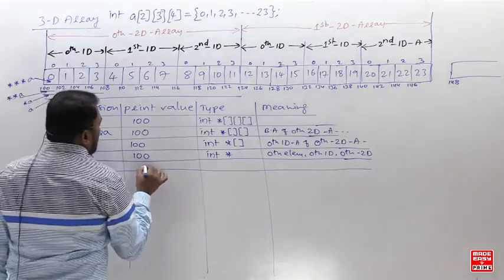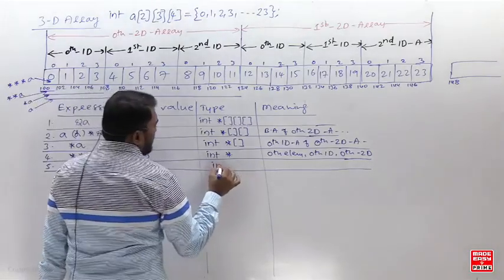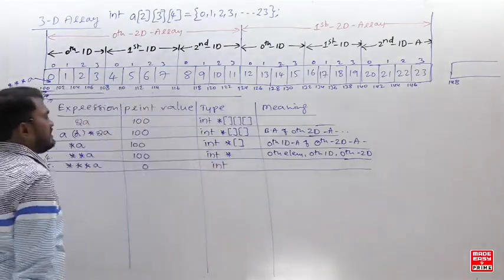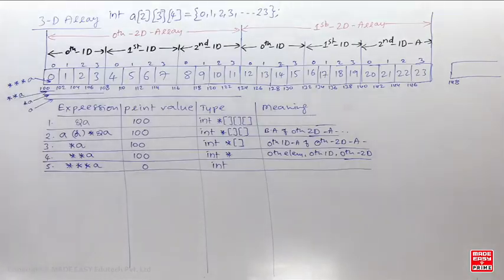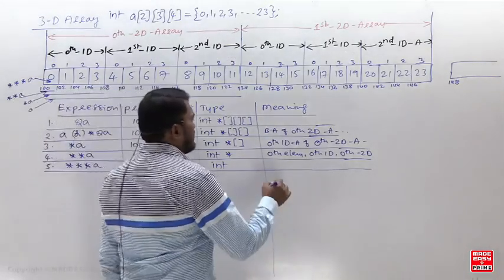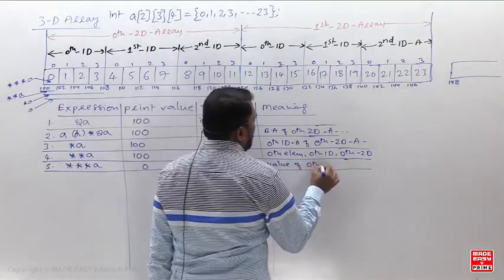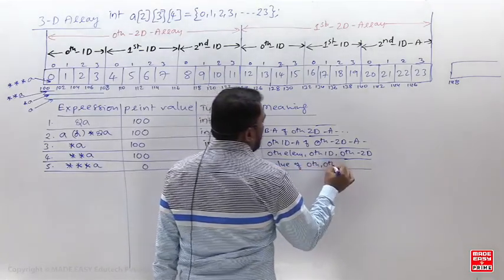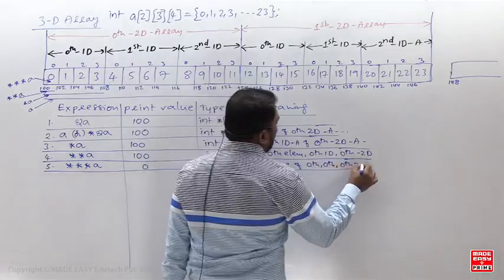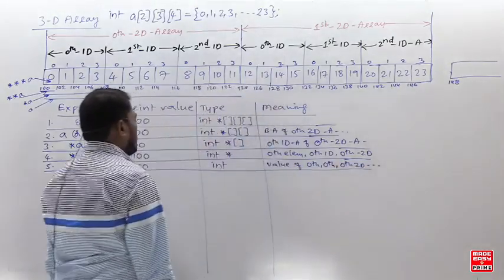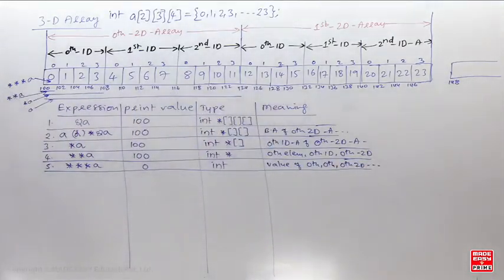So it will print 0, and the type is integer. The meaning is: value of the same 0th element of the 0th 1D array of the 0th 2D array. Write down the meaning carefully.